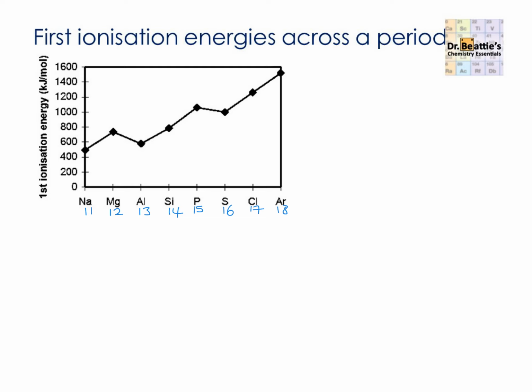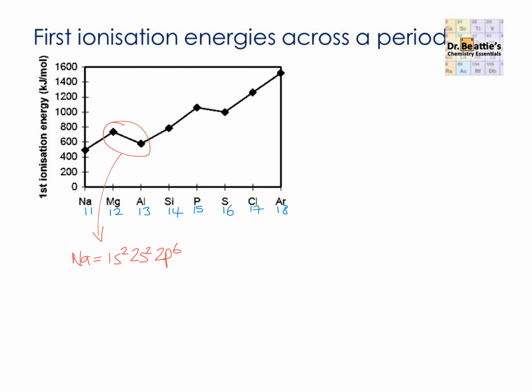So firstly, we're going to look at the situation that arises when we go between magnesium and aluminium. So we're going to need to come up with the electron configuration of magnesium and aluminium. We're going to start at sodium first, just so we can see how this is changing. Now sodium all the way through to argon, these are in period 3, so we know that the shell is going to be 3 for the outermost electron.